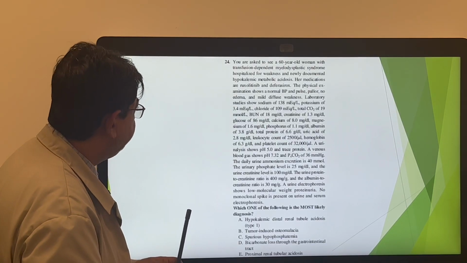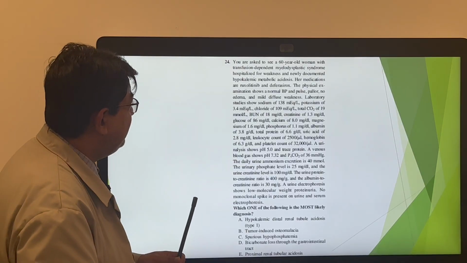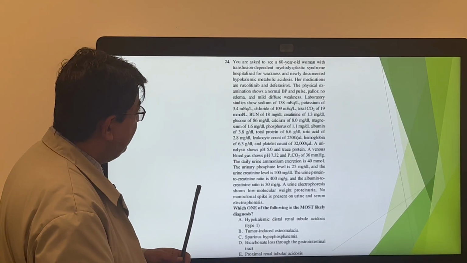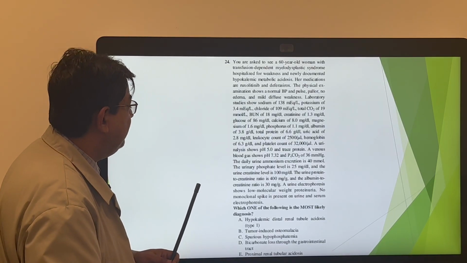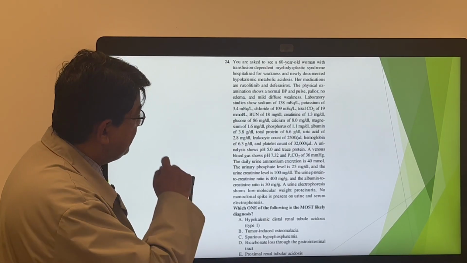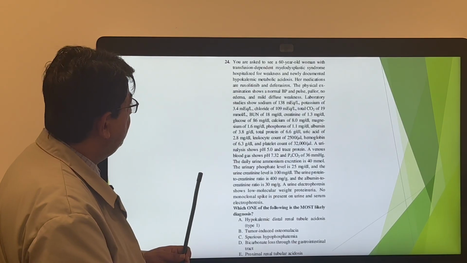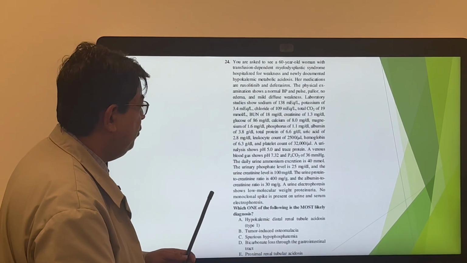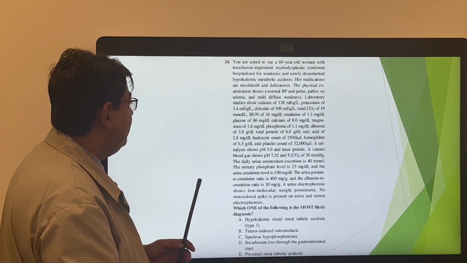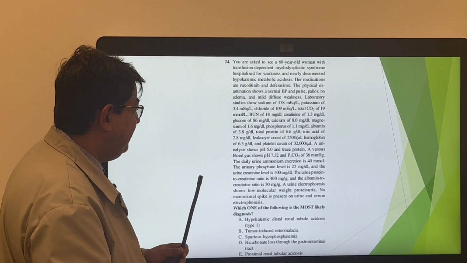Next slide. You're asked to see a 60-year-old woman with transfusion-dependent myelodysplastic syndrome, hospitalized for weakness and newly documented hypokalemic metabolic acidosis. Her medications are ruxolitinib and deferasirox. The physical examination shows a normal blood pressure and pulse, pallor, no edema, and mild diffuse weakness.